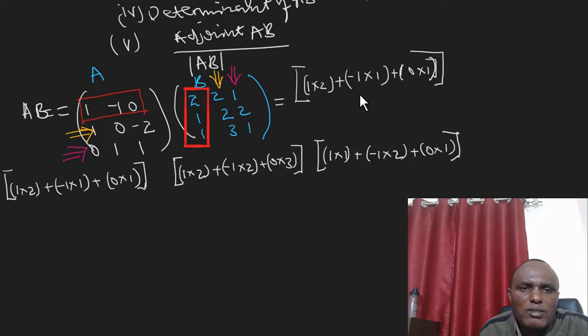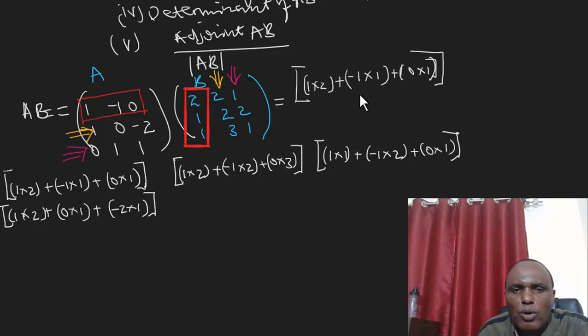What we have now is 1 times 2, we add 0 times 1, we add negative 2 times 1. That is the first element in the second row of the product matrix.